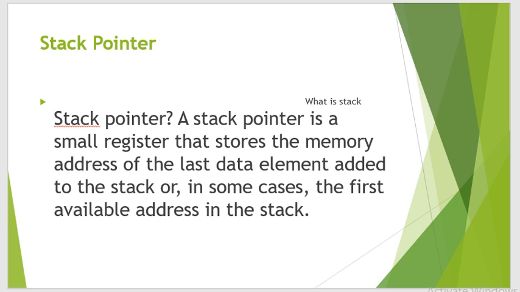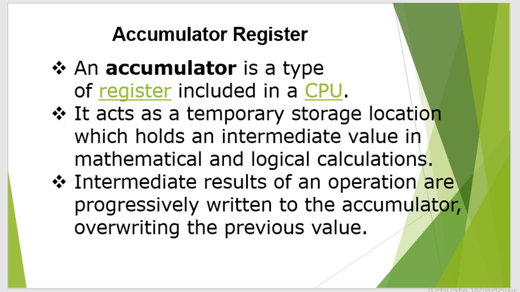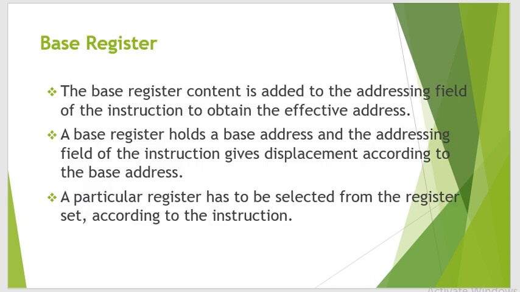If we want to add two numbers, we can use some register memory spaces. The base register content is added to the addressing field of the instruction to obtain the effective address.